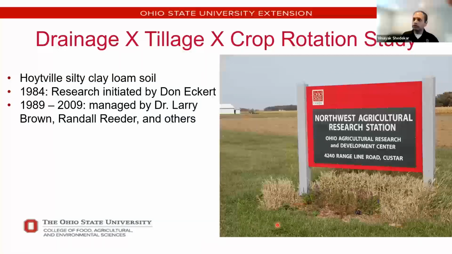We actually had a long-term drainage, tillage, and crop rotation trial. Unfortunately, there were no cover crops involved. I wish there were, but maybe in the future we can look into restarting this trial with a cover crop combination. The Northwest branch in Wooster, many of you are familiar with, had a set of research plots that were established in 1984 and continued until 2009.